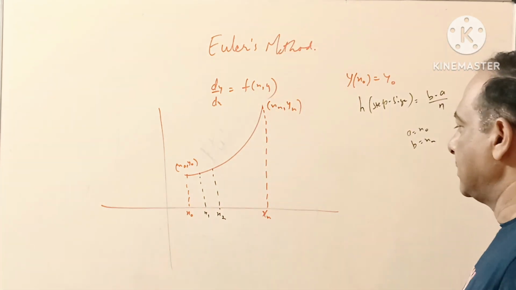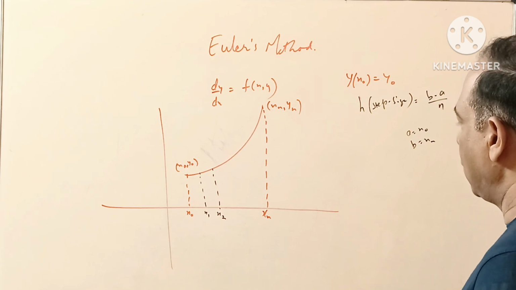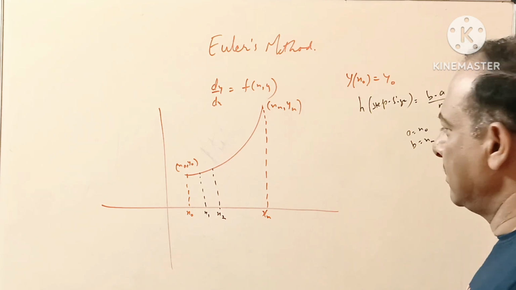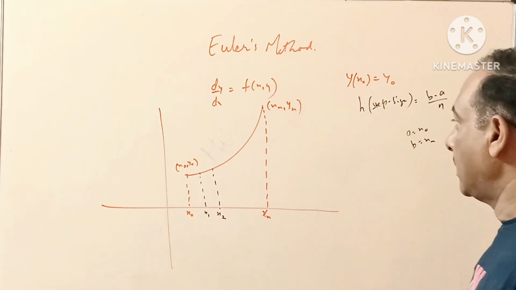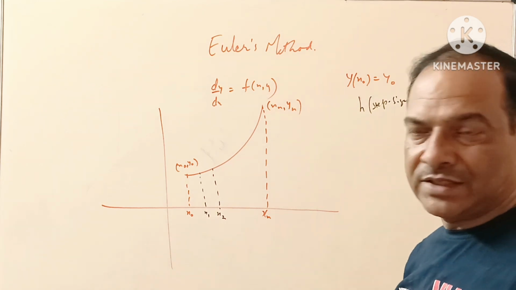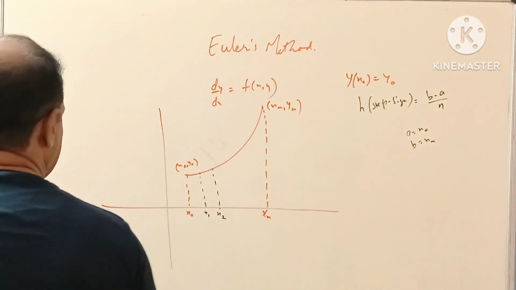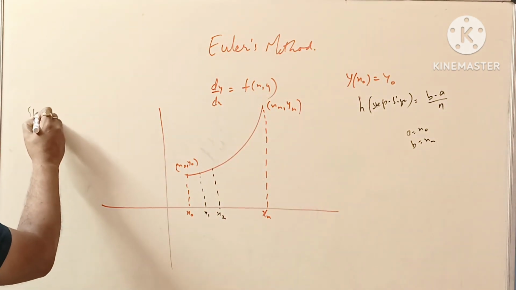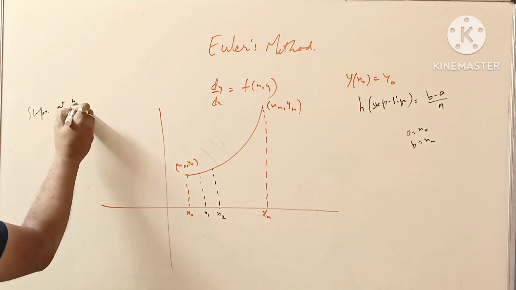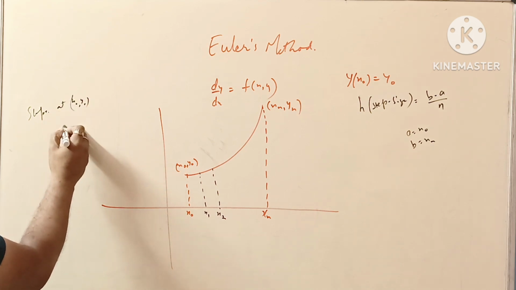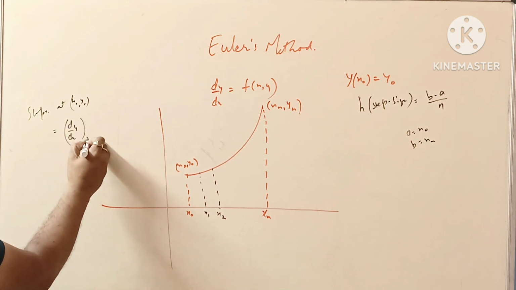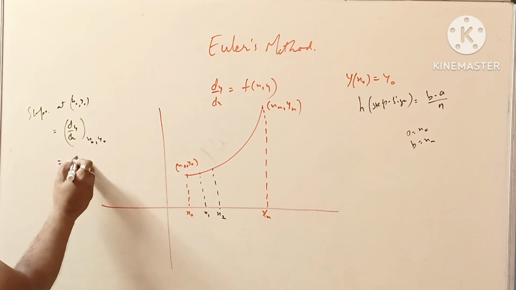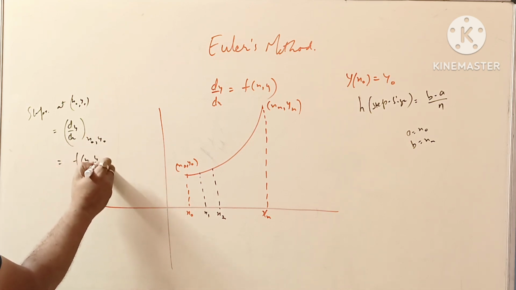In these cases, if I go with x naught, y naught, I want to find the slope of f(x, y) at the point x naught, y naught. The slope is dy/dx at the point x naught, y naught. What it means is f(x naught, y naught).